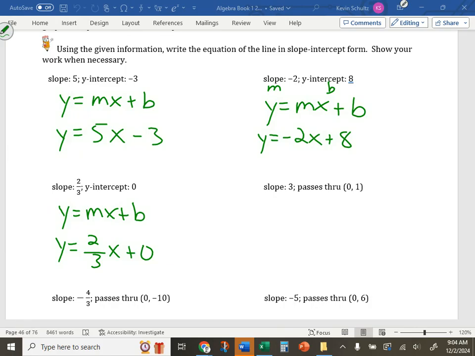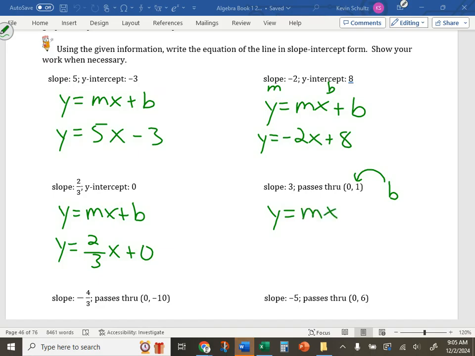Peyton is saying that this is really just the b value. How do you know that? It says the slope is 3, it passes through 0, 1. How do you know that that is the b value, Hayden? Because there's a 0 before it. Yes, because when your x value is 0, it has to be the y-intercept. And since the y-intercept is our b value, that's got to be the b, okay?